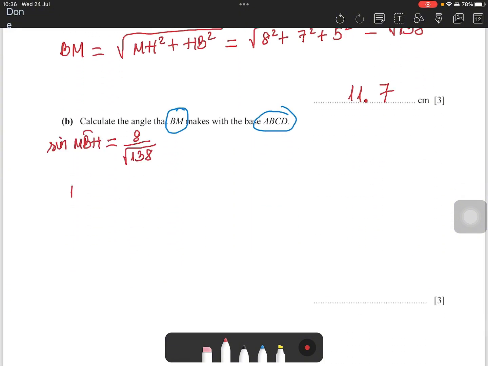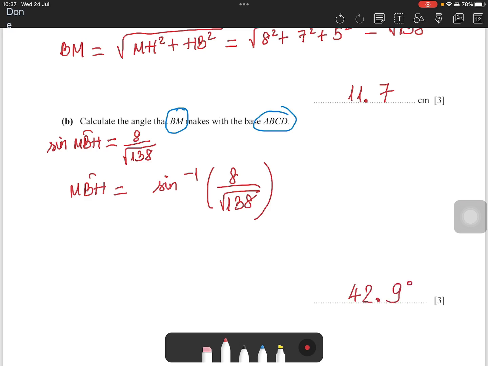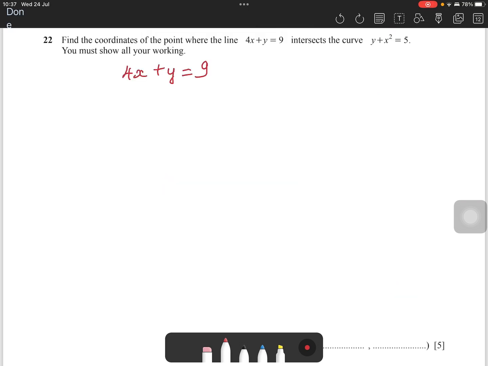So to find the angle MBH, we find the inverse of sin 8 over the square root of 138. And the answer is 42.9 degrees.